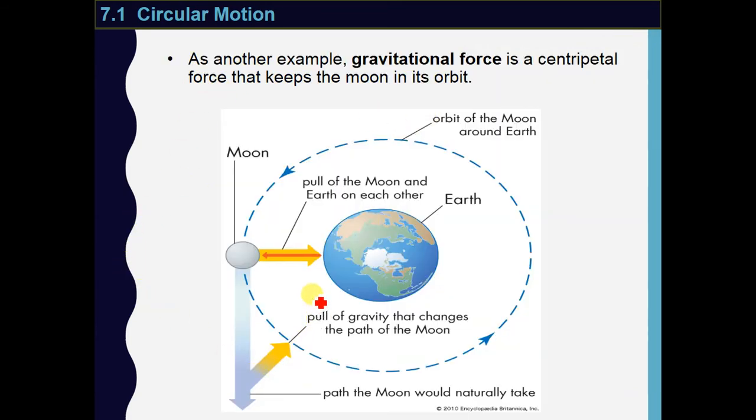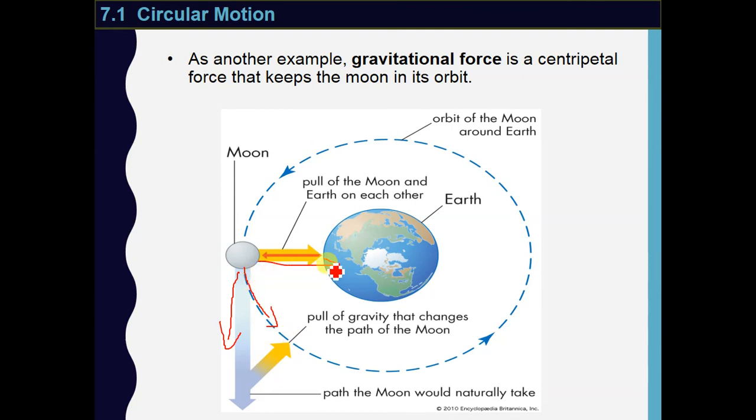Now another example, we know, girls, that the moon moves around the earth. What keeps the moon in this circular path? Why does the moon go in a circular path and not in a straight path? Because there is something always pulling it toward the earth, keeping it in circular motion.